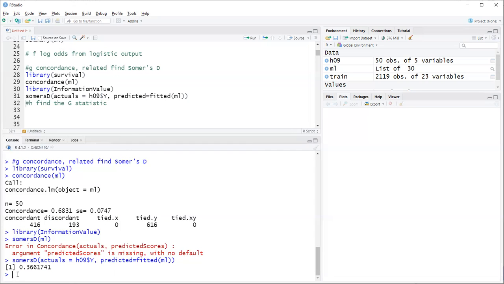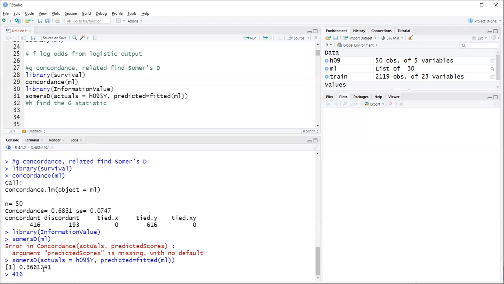So now just a little note on, again, the concordance is 0.681, Somers D is 0.366. They're related. So let's just walk through how we're getting the concordance, or where that's coming from. So we got 416 concordant pairs, and that means that when we take two observations, one is a 0 for y and one is a 1 for y, and then we look again at the predicted values.